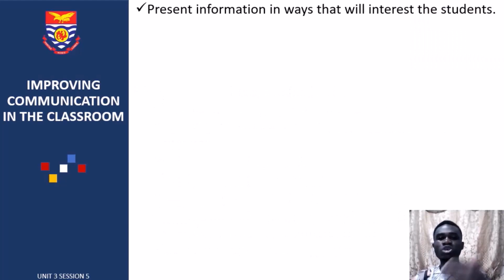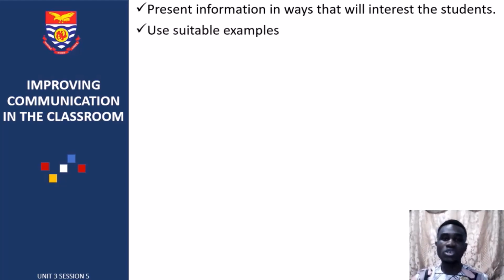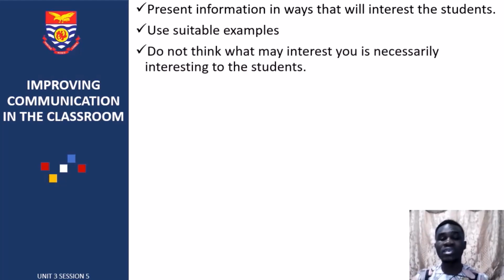Now, you can also present information in ways that will interest your students. Understand that not everything that interests you will interest your students. So whenever you are presenting information, also make sure that it interests your students. Use suitable examples. They are very, very important. They are able to draw the attention of your learners to what you are presenting to them.